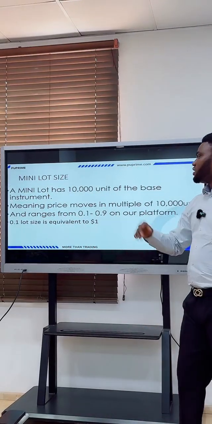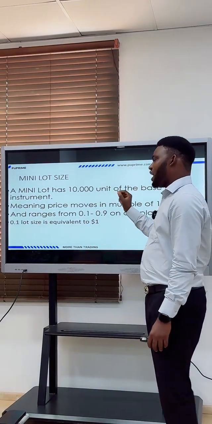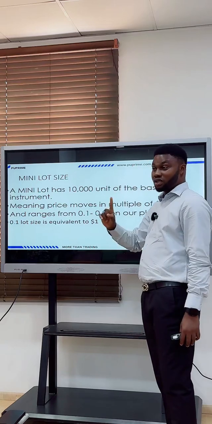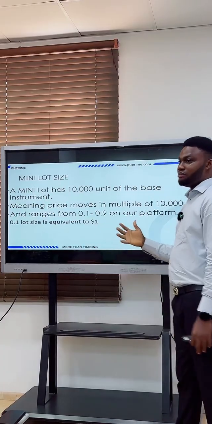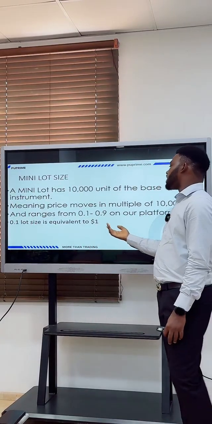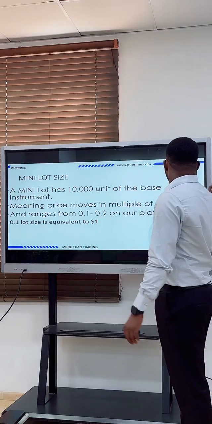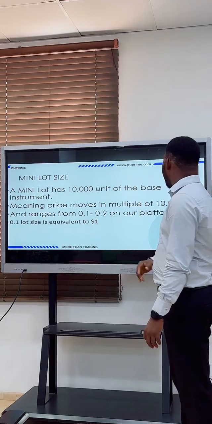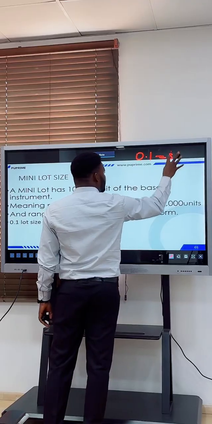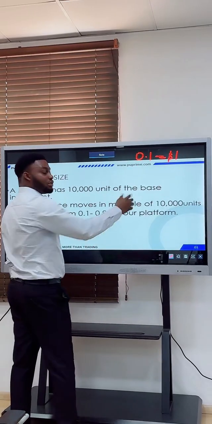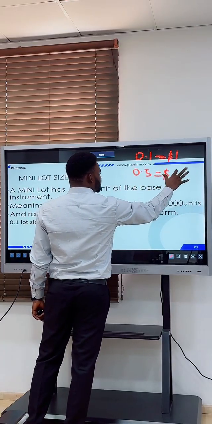Now, mini lot size. The mini lot size is basically from 0.1 to 0.9, and 0.1 is equivalent to $1. So if I want to place a trade using a mini lot size, I'm using a lot size between 0.1 and 0.9. If I use 0.5, for example, what would that be equivalent to? $5.